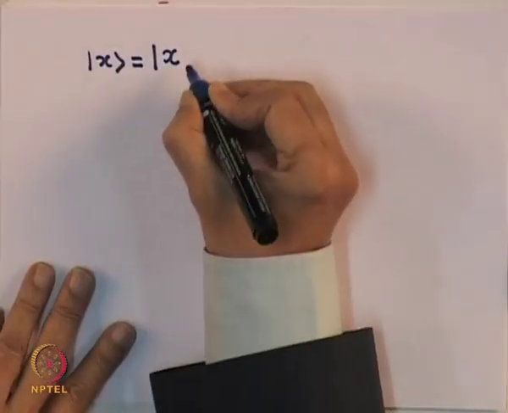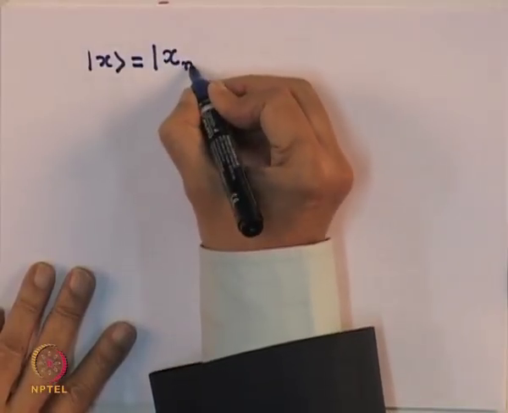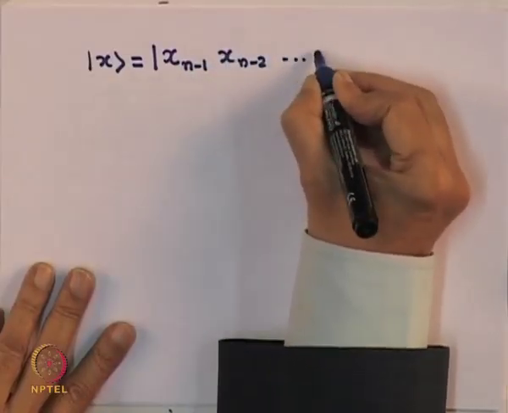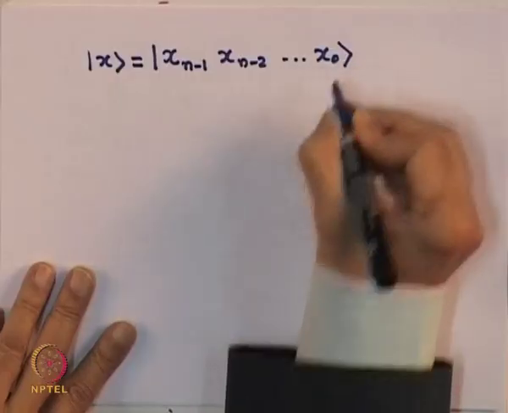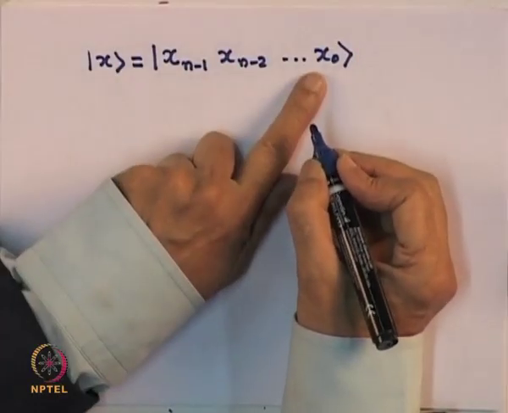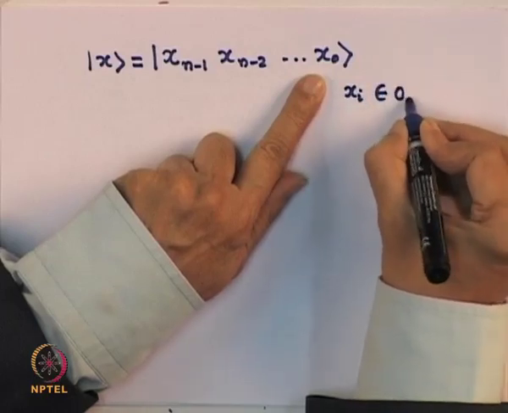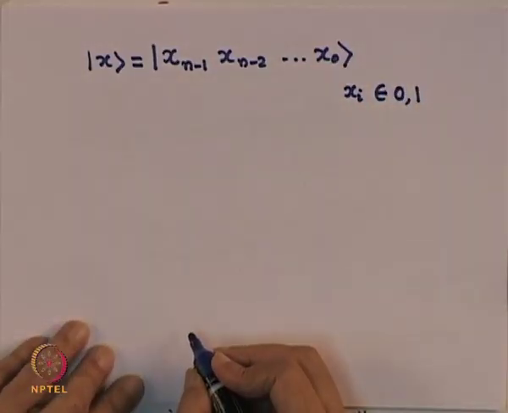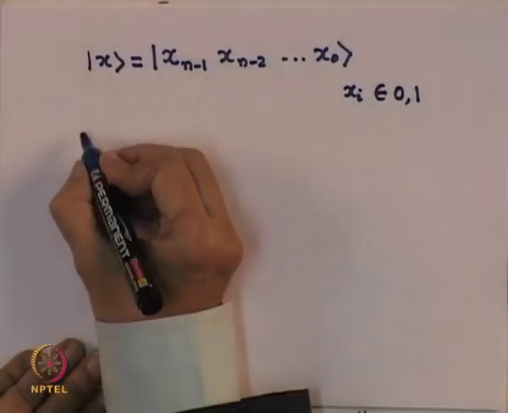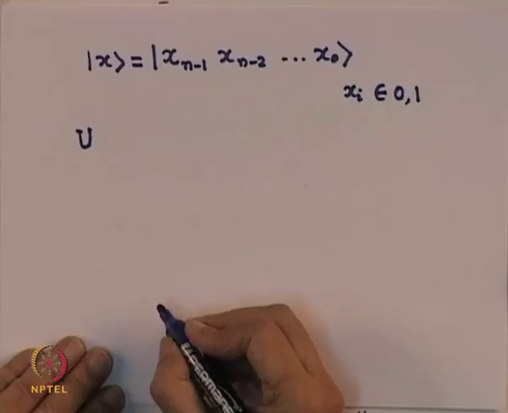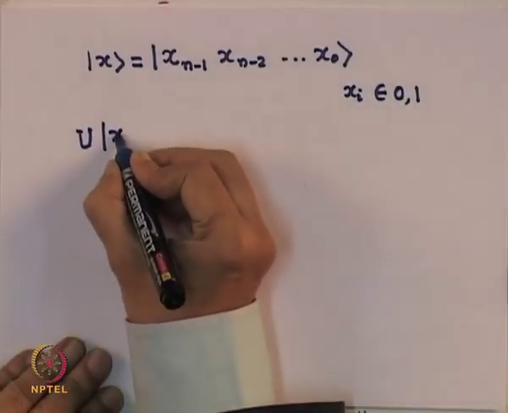Well, it does not have to be a basis, but let us say an n qubit vector, x_{n-1}, x_{n-2}, etc. up to x_0, where each of these numbers, as we have seen, x_i takes the value 0 or 1. Then I would apply a unitary operator U on x.